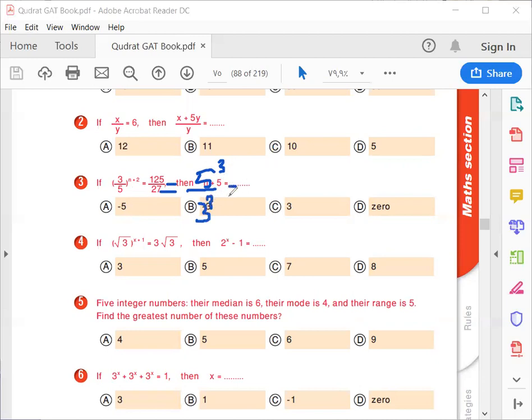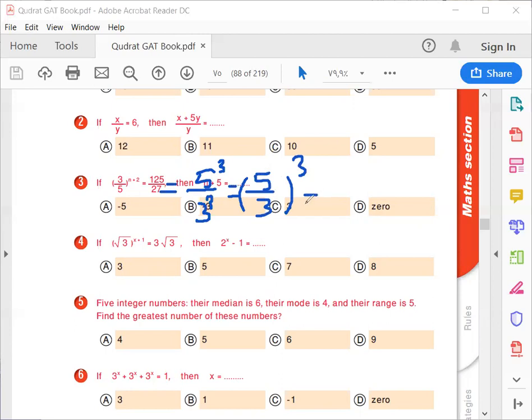So we have a common exponent, a common power. So you can write the power only one time. You write brackets and to the power 3. So you can transfer the denominator and the numerator, and it is 5 over 3.